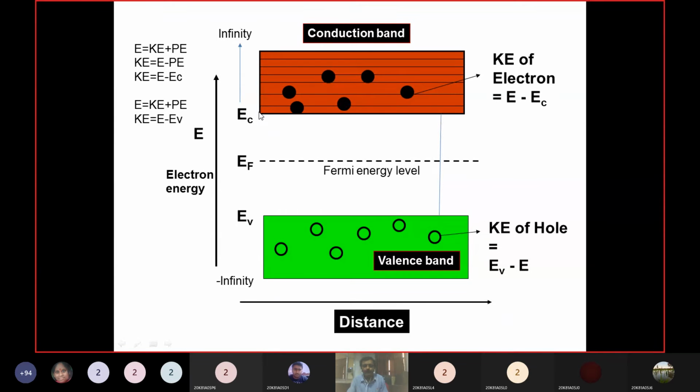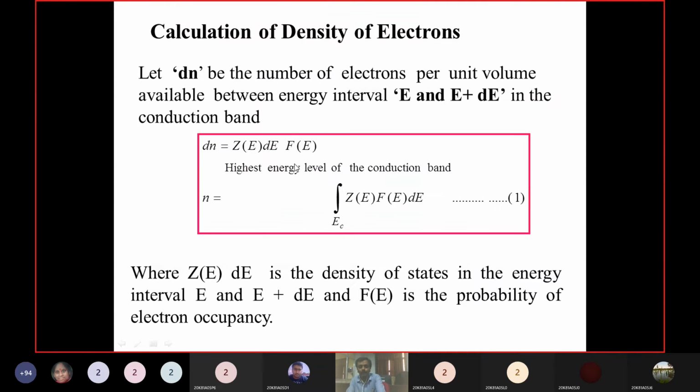We are taking some energy range E to E plus dE. In that range, many density states will be there. Those density states are Z(E) dE.